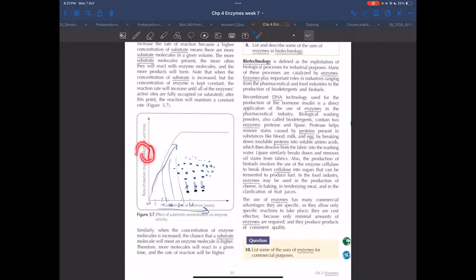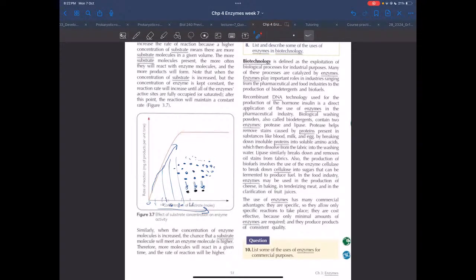Of products. Reaction rate is determined by products per unit time. How do I get the products? When the substrate interacts with the enzyme. But all my enzymes are fully occupied. So if I keep on adding more substrates, but I don't have an enzyme so the reaction can work, it's going to reach a constant rate. It's not going to increase anymore.